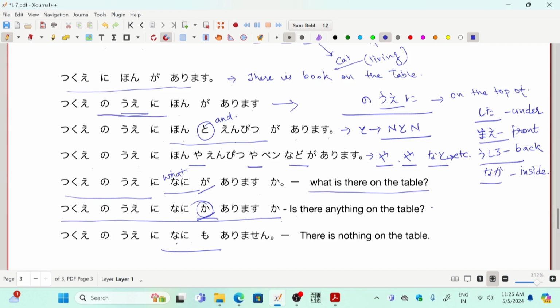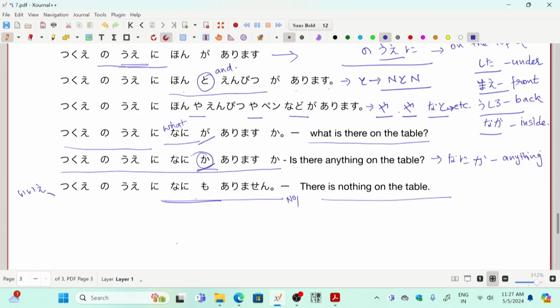So nani ka would mean anything. Is there anything on the table? So the person will say tsukue no ue ni nani mo arimasen if there is nothing. Iie, tsukue no ue ni nani mo arimasen. No, there is nothing on the table.